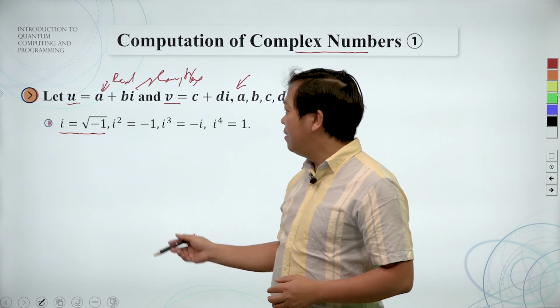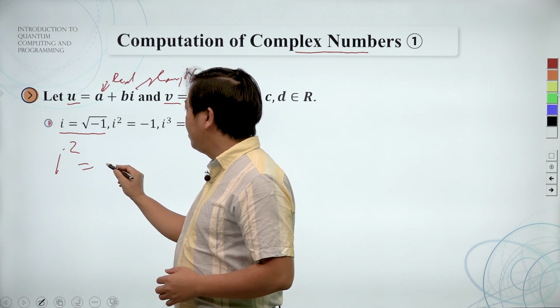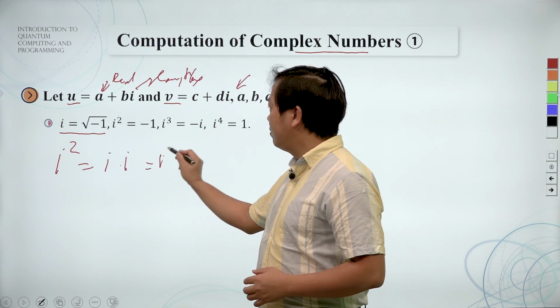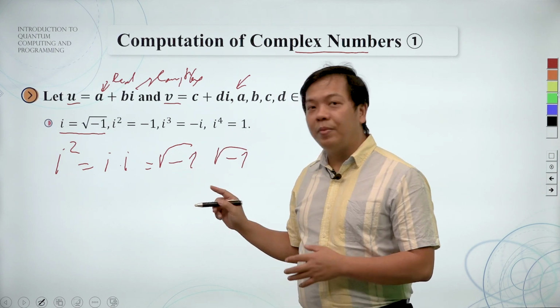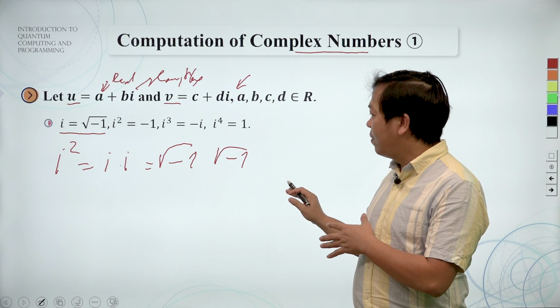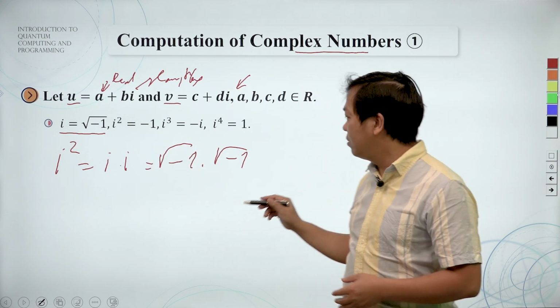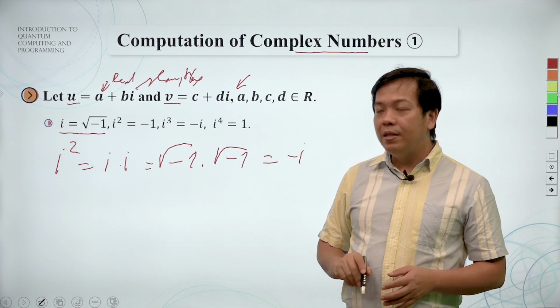So i squared is i multiplied by i, so it's the square root of minus 1 times the square root of minus 1, which of course is equal to minus 1, right?